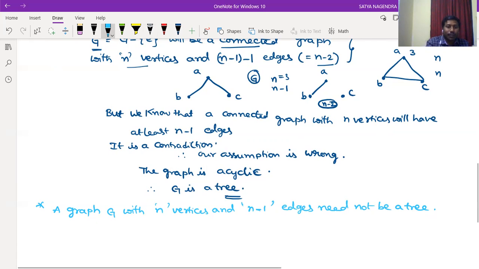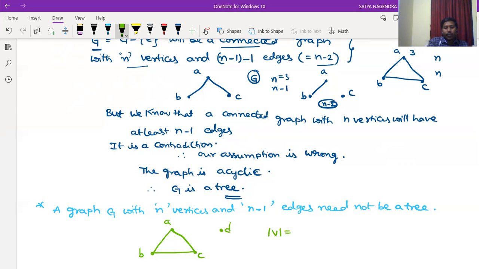Is there any example which is supporting this statement? Yes, you can observe that. See here, I am taking a graph with 4 vertices and 3 edges. A, B, C, D. So here the number of vertices is 4 and the number of edges is 3. If it is n, this is n minus 1.